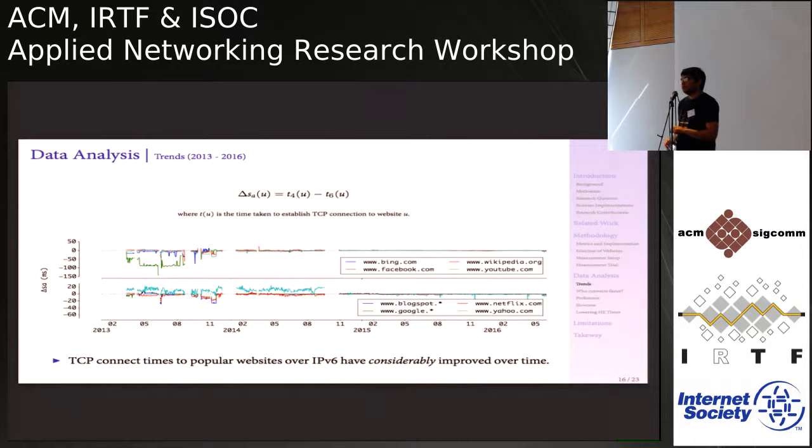Akamai allows content customers to separately choose whether their origins are IPv6 available or whether Akamai is serving v6 to end users. So a content customer can come in, not upgrade their origin at all, and then allow v6 traffic to go to the end user, and that's in their control as well.